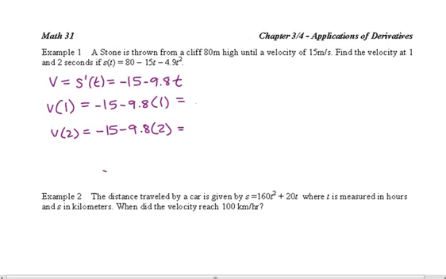Negative 24.8. Why is it negative meters per second? It's going down, that's its direction. And then negative 34.6 meters per second.